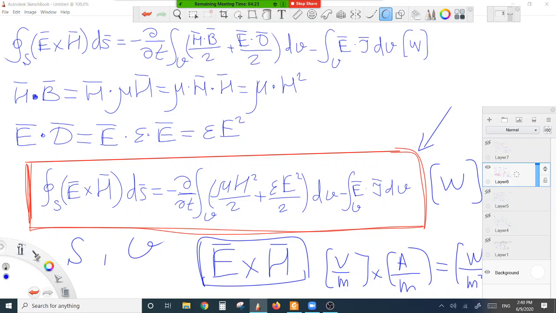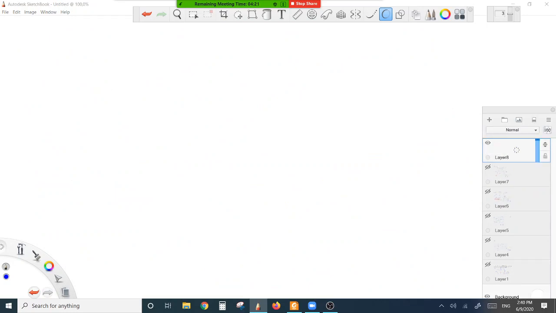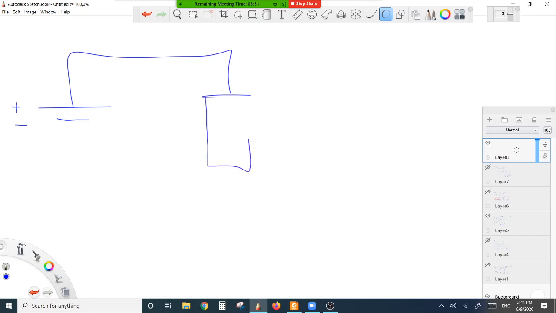Well, to understand this, let's look at the figure, a scheme of a battery connected to an electric resistor, this is plus and minus, and this is the resistor.